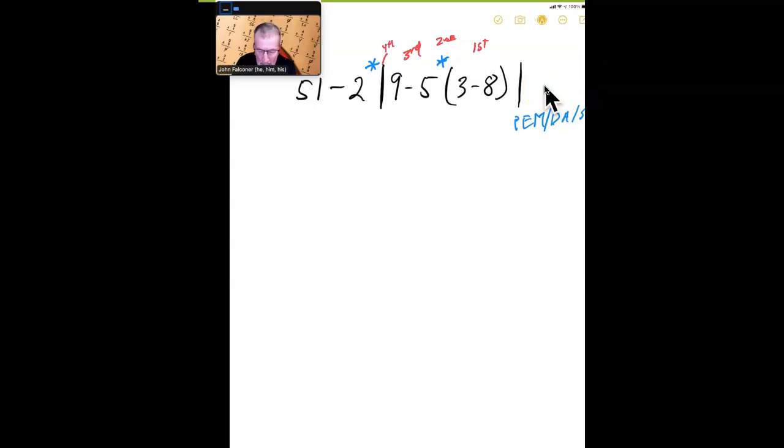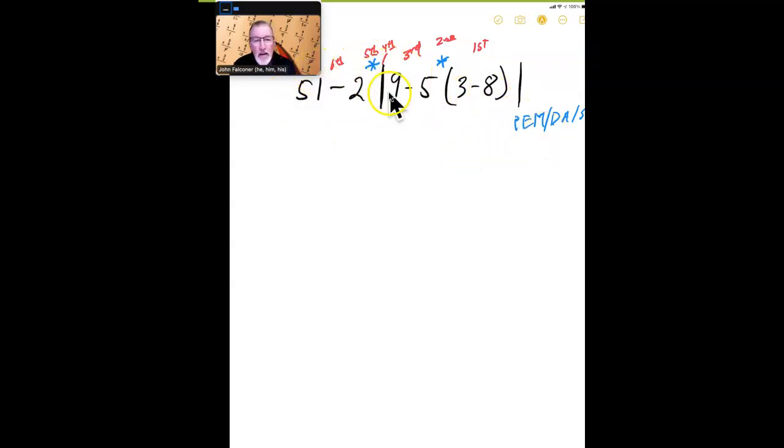I like you to keep that in as a step because it will help avoid confusion, I think. Then after that, we will do multiplication here as the fifth, and always last our addition or subtraction as the sixth. So I consider this a 6-step PEMDAS problem.